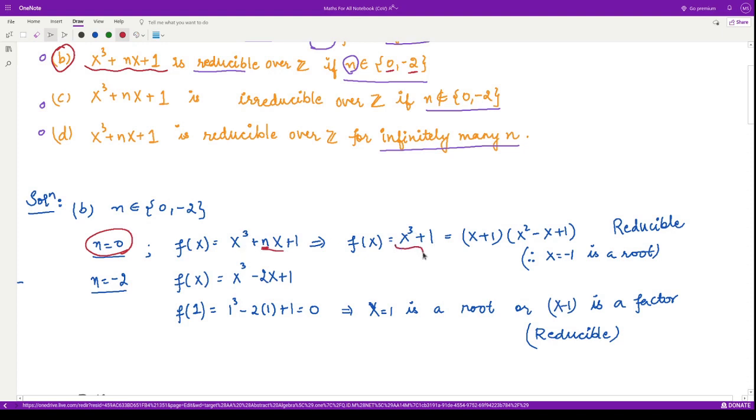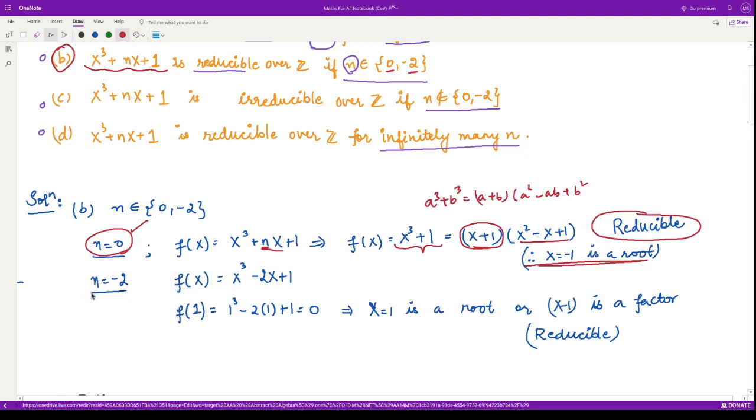So we can easily factorize this by using the formula a cube plus b cube is equal to a plus b times a square minus ab plus b square. So we'll obtain these two polynomials. Therefore from here we see that x is equal to minus 1 is a root of this polynomial when n is 0. In this case we obtain the given polynomial as the product of two polynomials. Therefore the given polynomial becomes reducible by its definition.